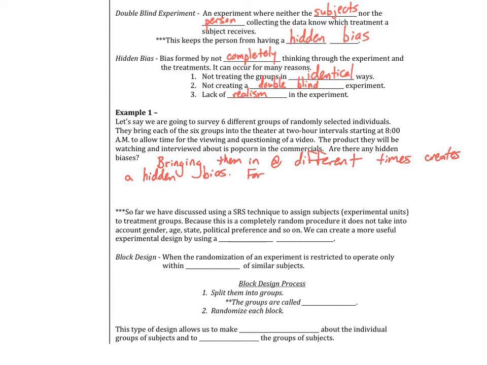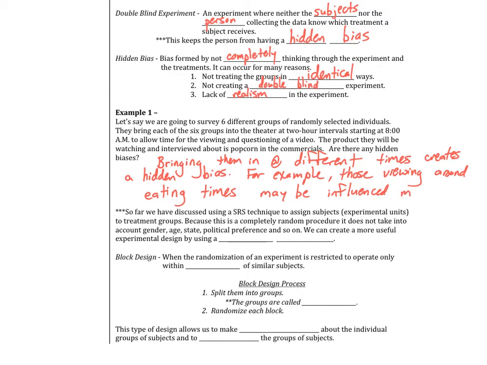And the hidden bias would be, for example, those viewing around eating times may be influenced more. Right, so if you're hungry and you watch it, you might be influenced a little more than if you have a full stomach.